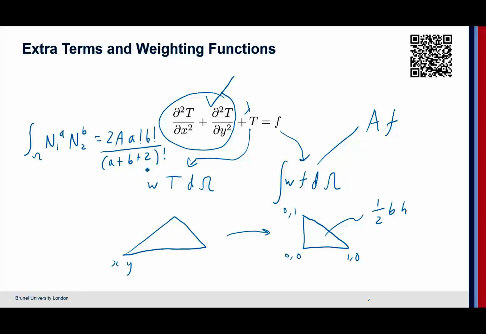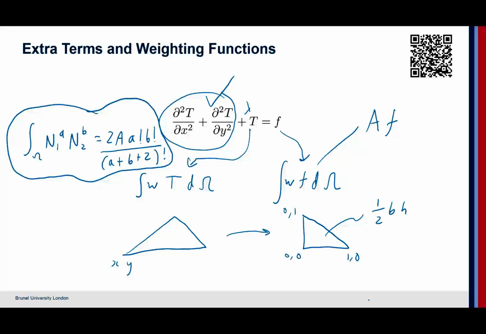So one nice thing about working with triangles is, a triangle is well defined, and people have worked out all of the behaviours of a triangle and expressions for this. So essentially this process of the product of two shape functions is actually well defined. So we can just use this expression in order to sidestep the mathematics.